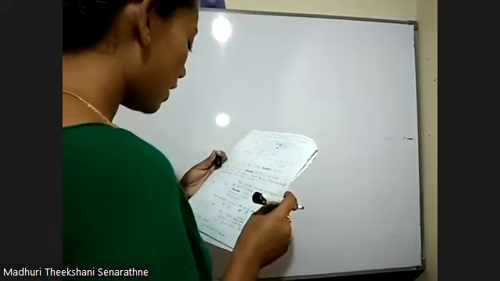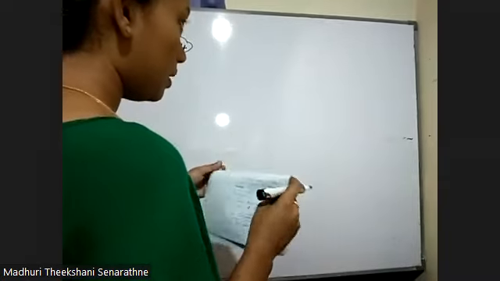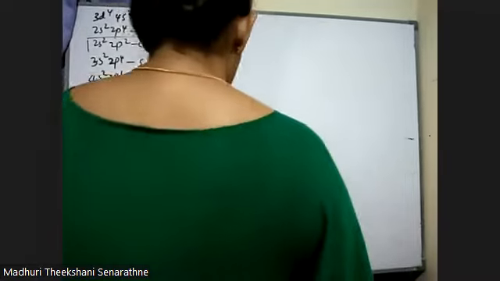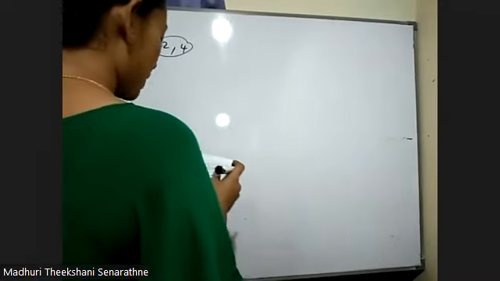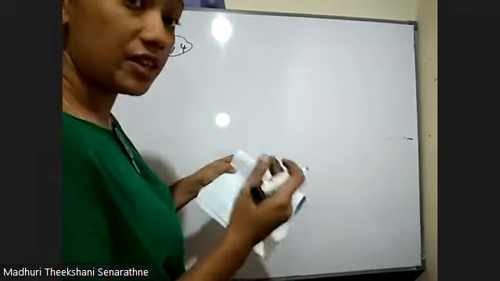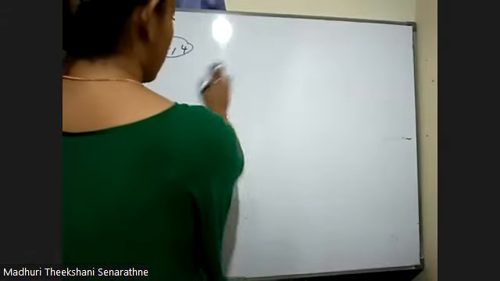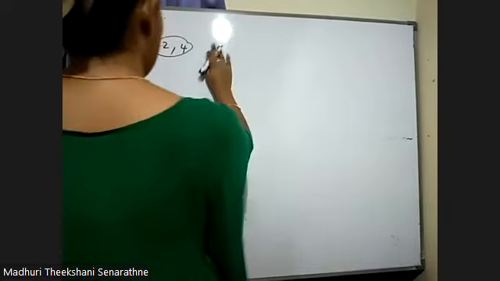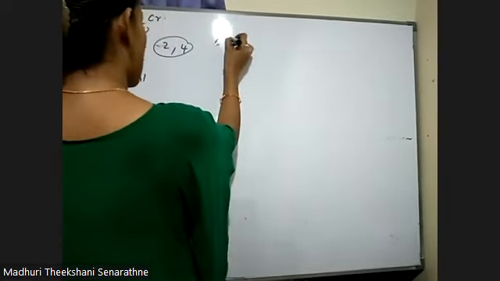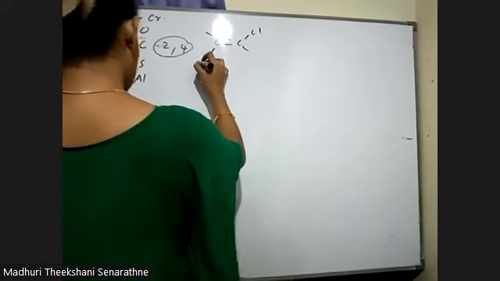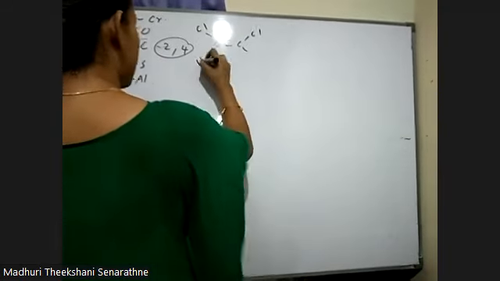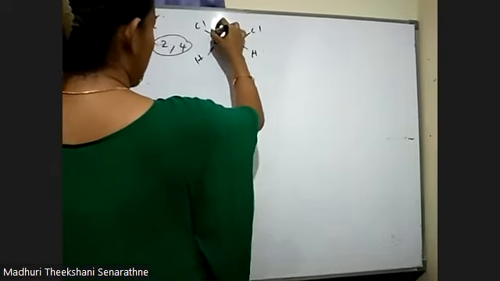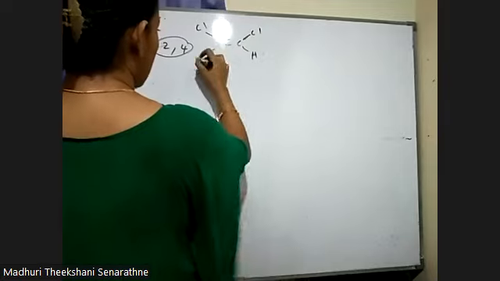Compound with the highest dipole moment. For considering the dipole moments, we have to think about their asymmetrical distribution. Draw the structures: carbon, chlorine, hydrogen, and hydrogen. You can see 2 electronegative atoms are on one side.